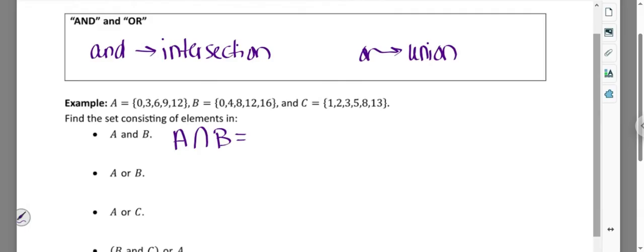Which ones are they? There's one of them. What's the other one?